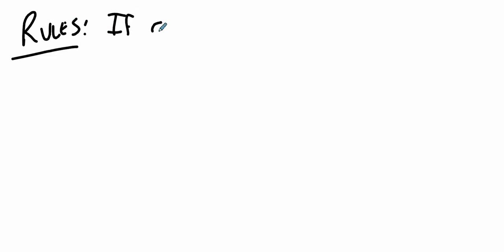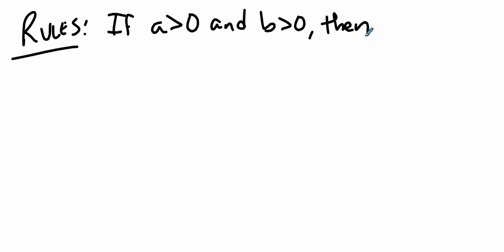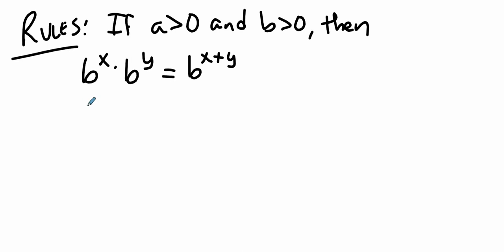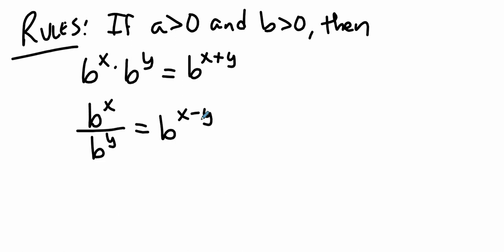We even remember all the rules for exponents, where if a is positive and b is positive, then b to the x times b to the y is b to the x plus y. And b to the x over b to the y is b to the x minus y.